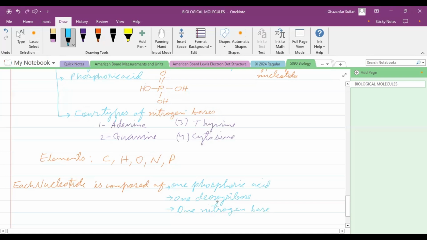Okay. And these are the nitrogen bases: adenine, guanine, thymine, and cytosine.